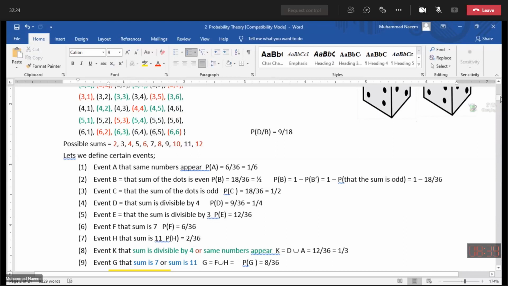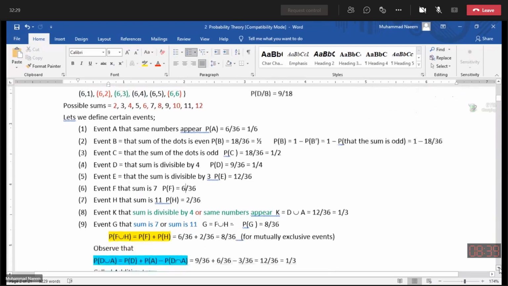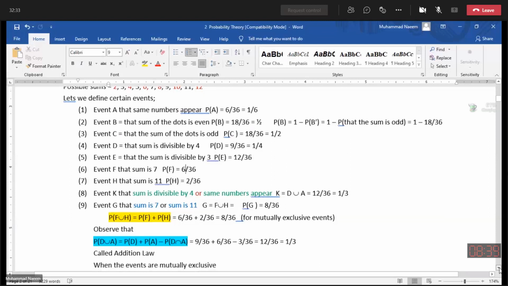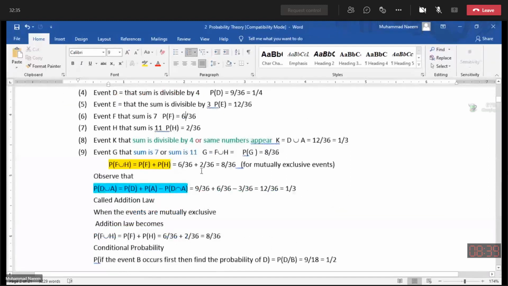Now as we have defined compound events, similarly in this case we can combine these events with union or intersection. For example, if we combine F and H, the last two.